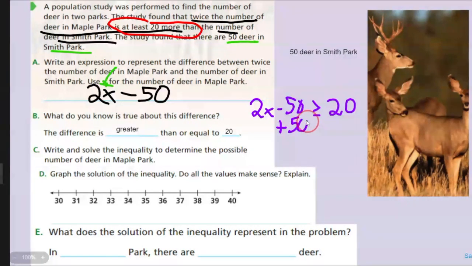And this I can do, remember, because of the addition property of equality. So what I add to the left side, I can add to the right side. Right, so this would give me 2x is greater than or equal to 70.